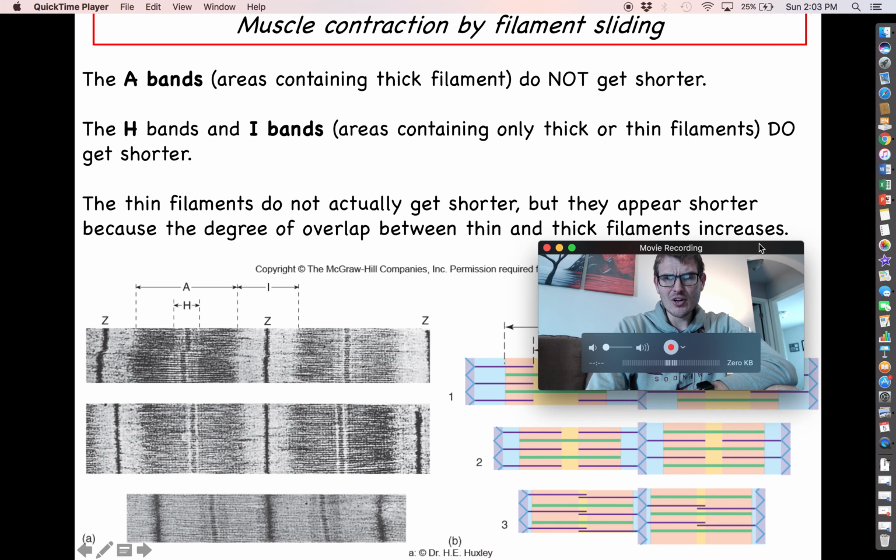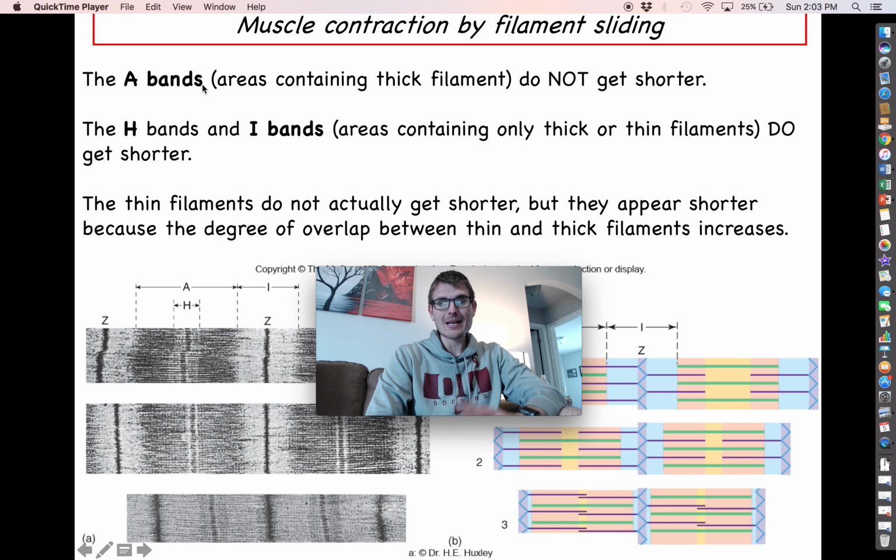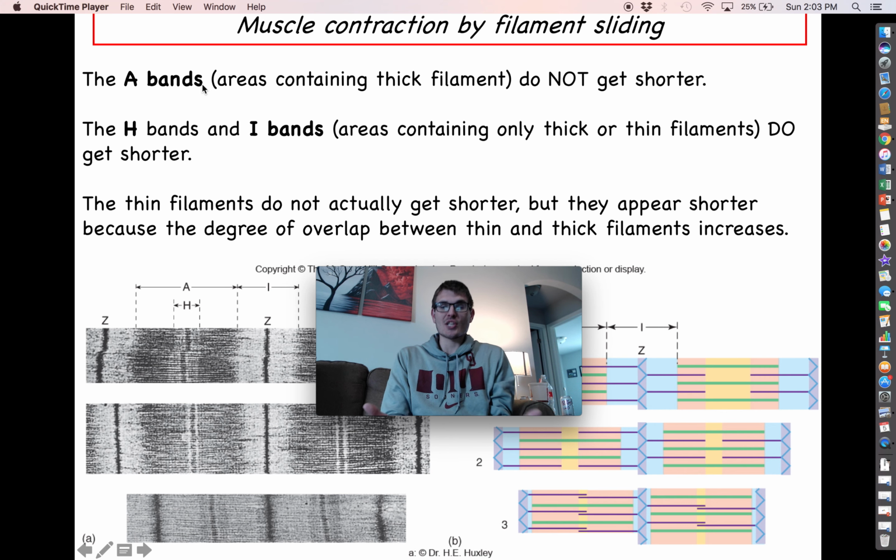So I've already mentioned this for the most part, but you do want to pay attention to what is happening to each of our zones here as the muscle gets shorter and shorter. The only one that does not actually get shorter is the A-band. The A-band, by definition, is just the area that contains thick filaments. We're not actually shortening the thick filaments themselves, we're just forcing them to overlap more and more with the thin filaments.